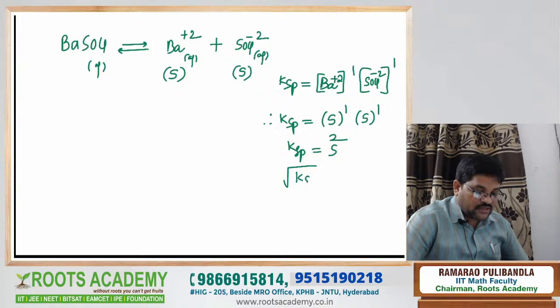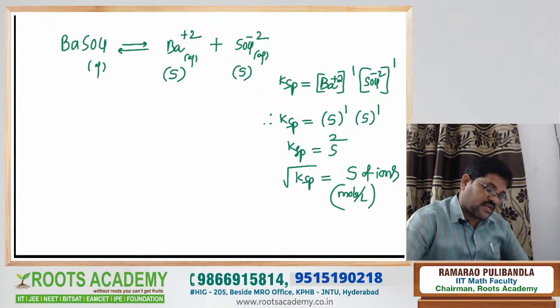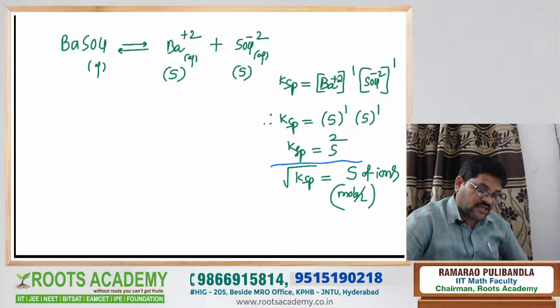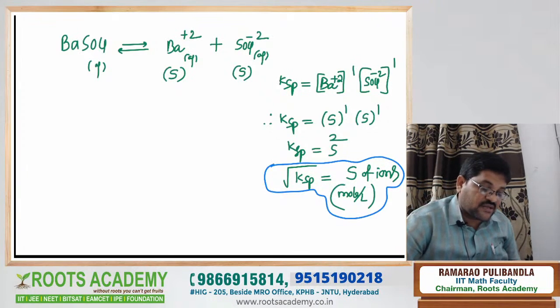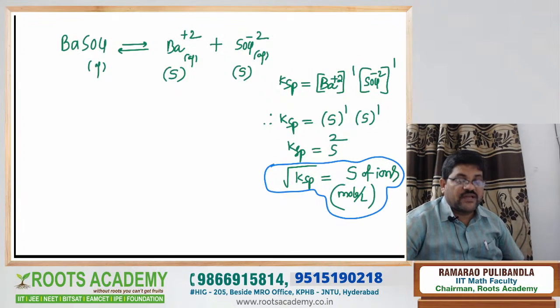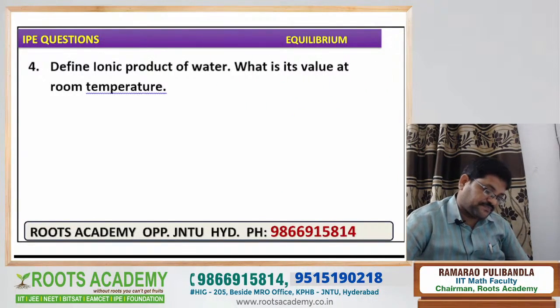Therefore root over KSP is equal to the solubility of the ions. The solubility of the ions is expressed in moles per liter. So root over KSP is equal to the solubility of the ions. This is the relation between KSP and solubility of the ions with respect to barium sulfate. Right? Go to the next question.